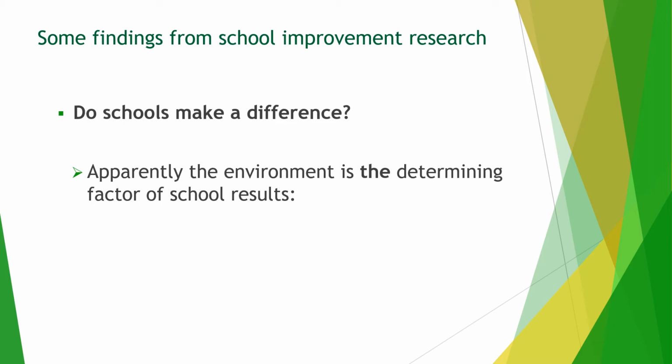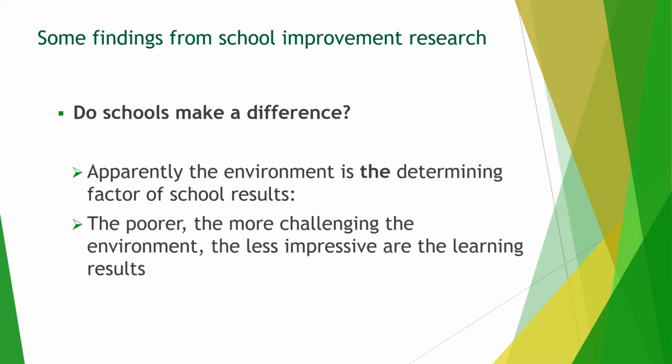And we see almost a systematic difference. The further away you are from the developed zone, the less quality is achieved within schools, and the environment, therefore, is the determining factor of school results. That seems to be the case. The poorer the more challenging the environment, the less impressive are the learning results.